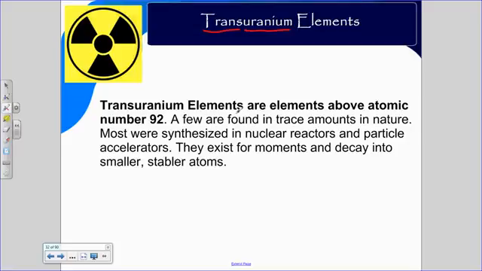They may be found in trace amounts as they're decaying from larger other elements in nature, but by and large they are not naturally going to appear on Earth. For the most part, they were synthesized in nuclear reactors and in particle accelerators somewhere around the globe, and they existed very momentarily, decaying almost as quickly as they came into being, into smaller, more stable nuclides or atoms.